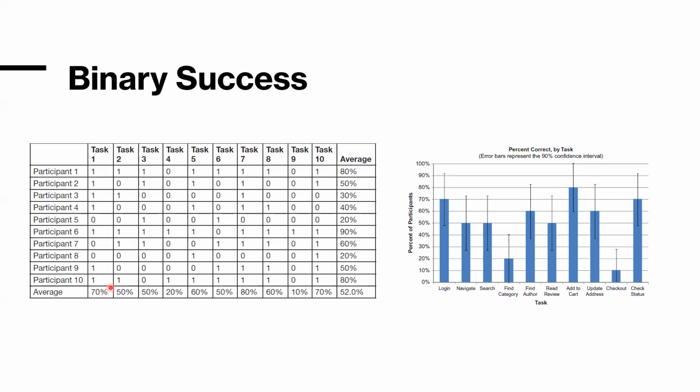Then you accumulate and average the total number of participants who achieved the task, and this is the average for participants. So for participant number one, what is the success rate considering all the given tasks? And for this specific task, for example login and registration, how many participants have successfully accomplished it?